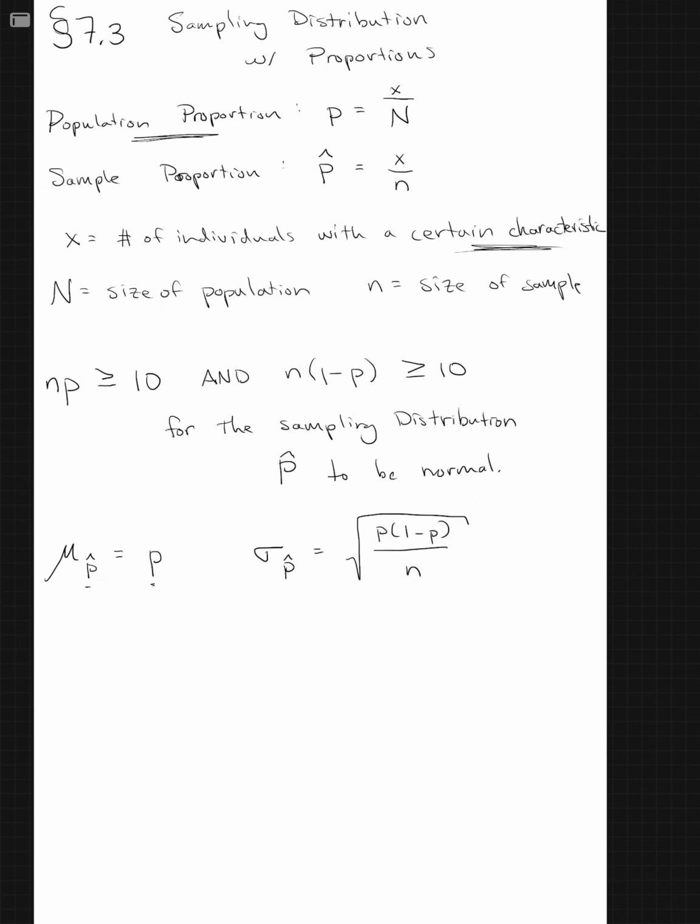So for any of these probability problems, we have two options. The first option is to find the standard score. That looks like Z equals P hat minus mu of P hat all over sigma P hat, which is, of course, P hat minus P all over the square root of P times 1 minus P over N, right?